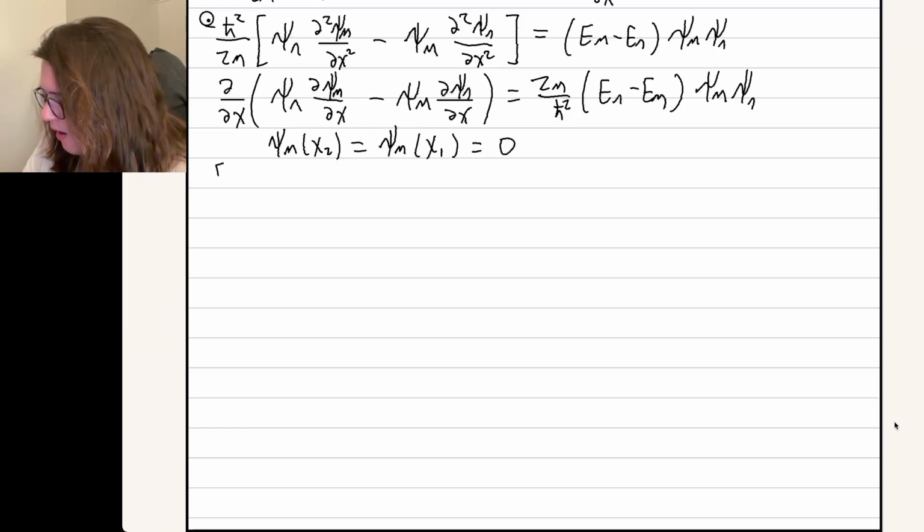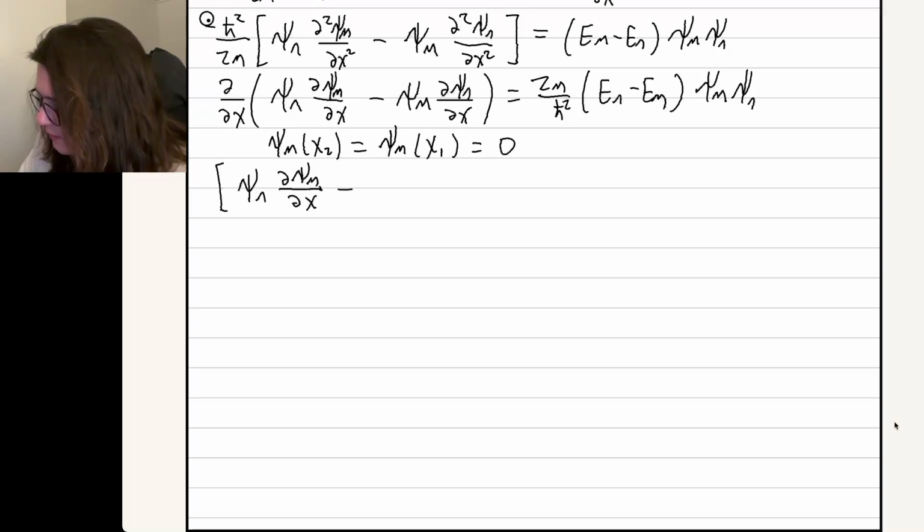On the left-hand side, it's just a little bit of the fundamental theorem of calculus, and so we'll end up with the stuff that's in the parentheses just evaluated from x1 to x2.